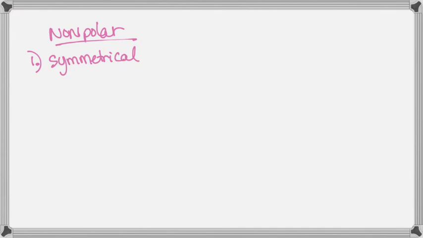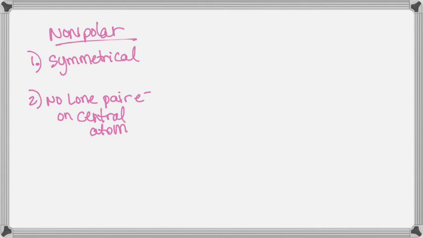In other words, all of your surrounding atoms are identical, and number two, no lone pairs of electrons on your central atom. So if we're going with nonpolar, this is an "and" situation. Both of these things have to happen to be considered nonpolar.